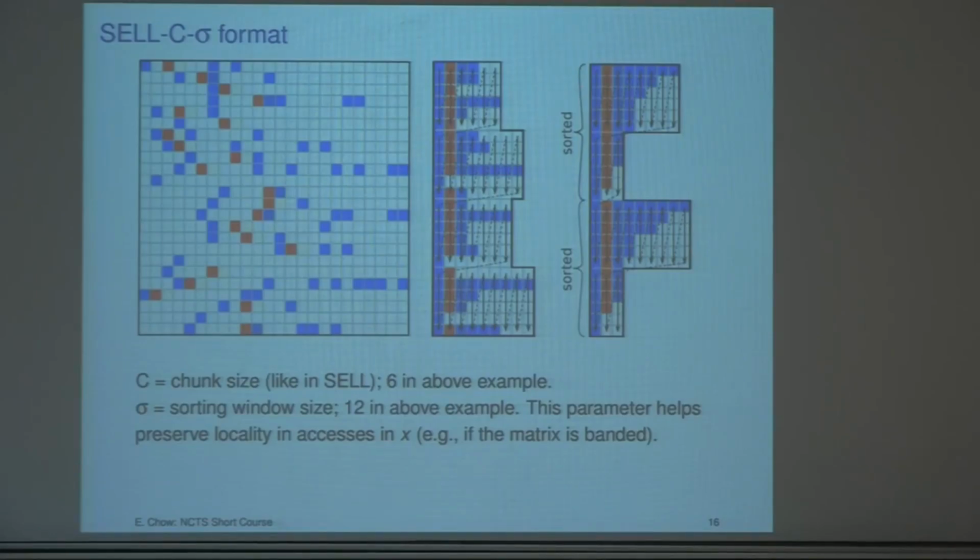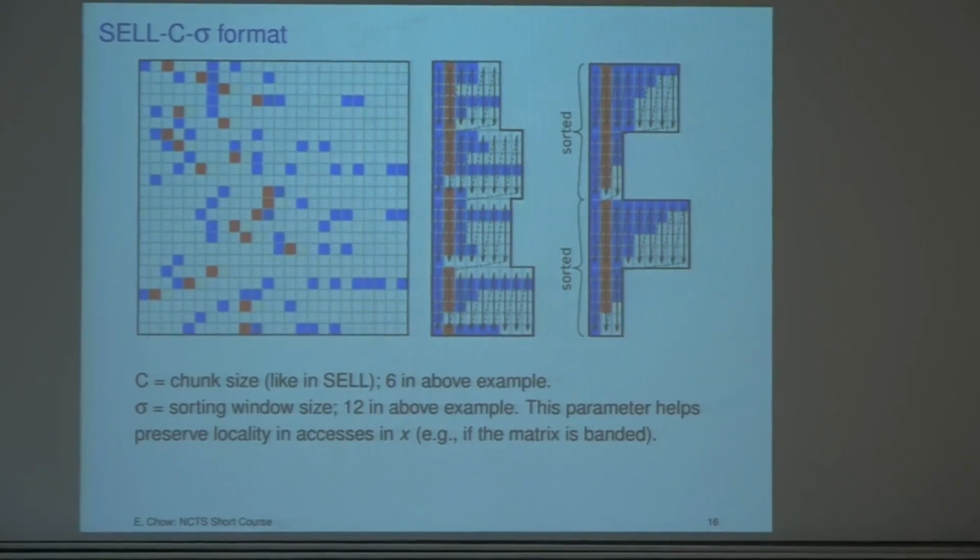But then there's a trade-off. If you use a sorting window size that is too large, then accesses to X might be inefficient because of poor cache usage. But if you choose it too small, then more zero padding may be needed. So you may need to do some experiments or analyze your matrix somehow to decide how to choose these parameters.